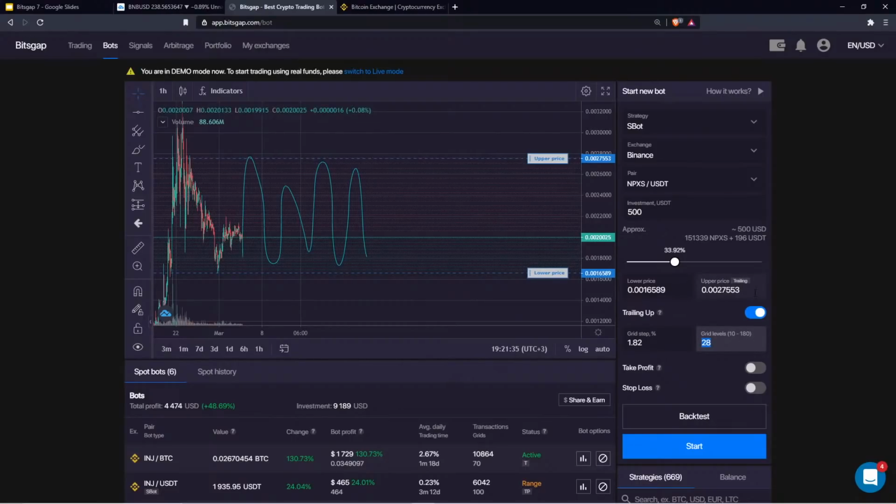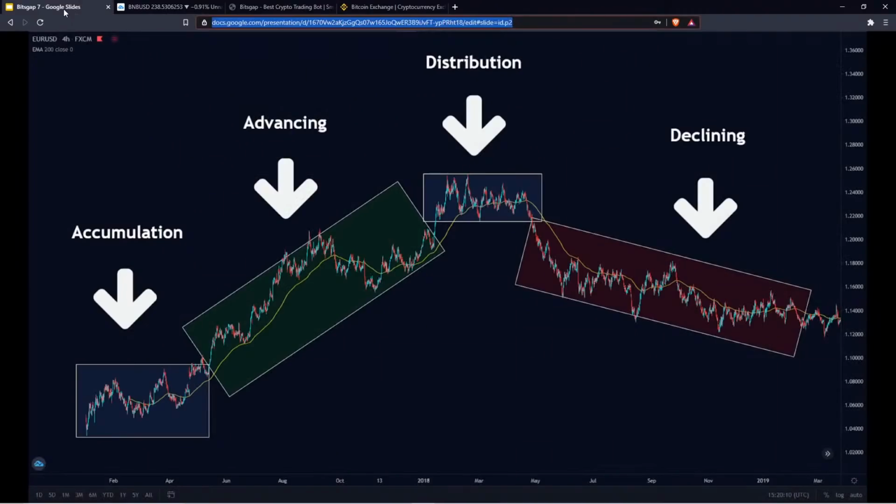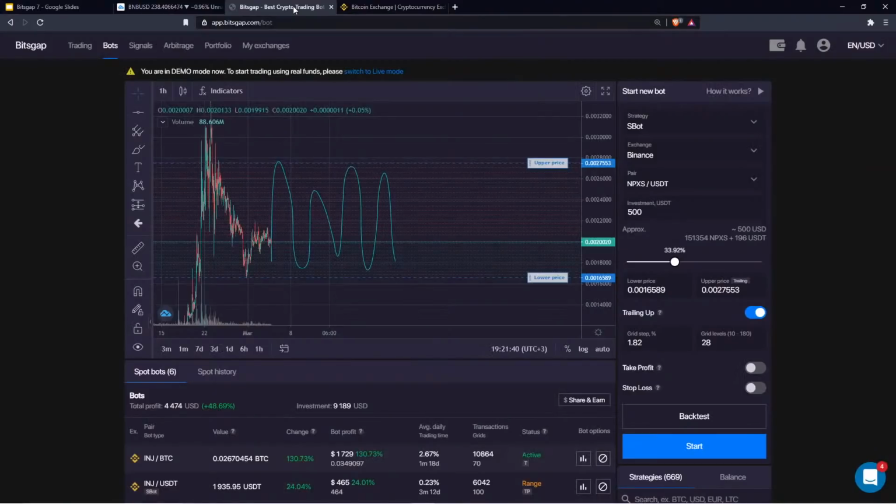Basically, that's it. So once again, what we learned is that there is a market phase. Once you identify the market phase, you select the strategy for this market phase. The next step is to define the trading range within which you want the bot to trade on your behalf.